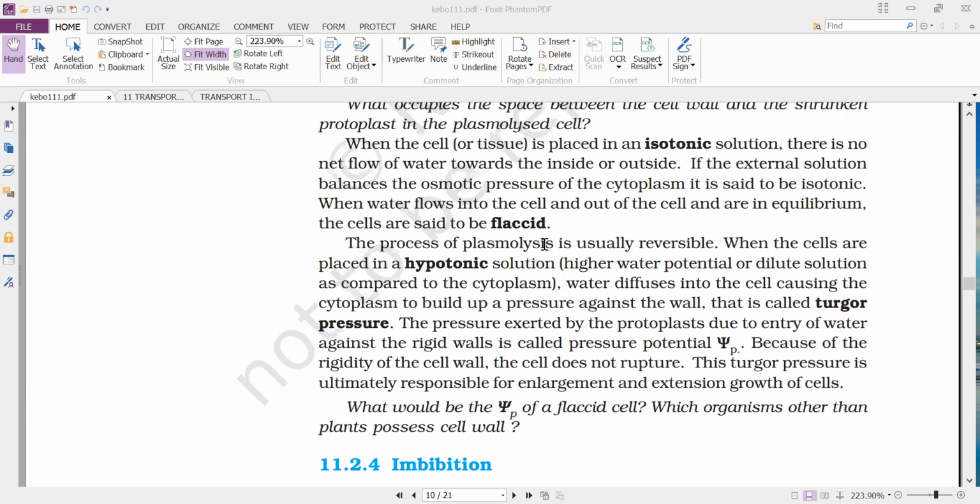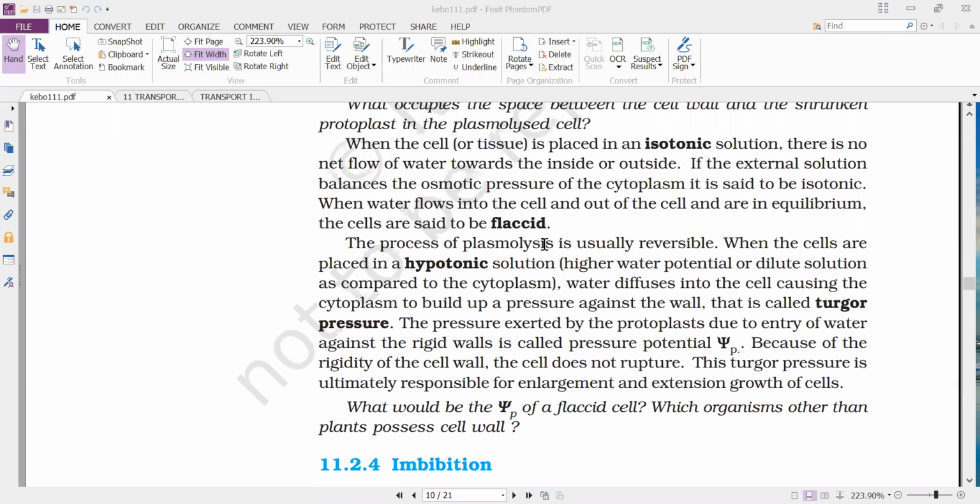That is about plasmolysis. Understood, all of you? All of you understood what a plasmolysed cell is, what a flaccid cell is, when turgor pressure is developed, and what is meant by pressure potential. This pressure potential is driving the water to move upwards.